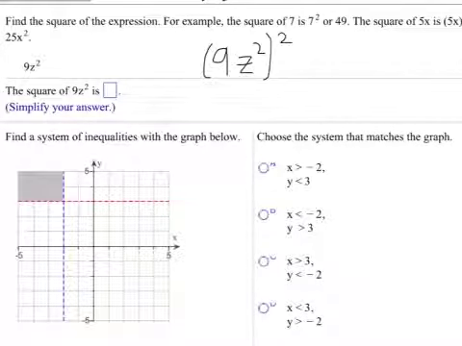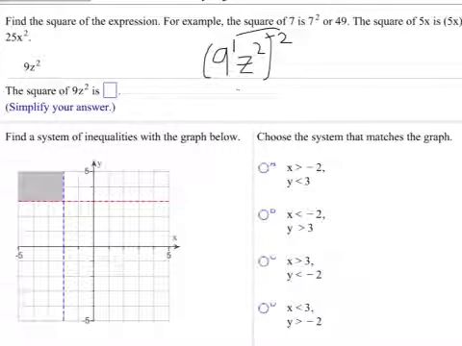Now if you remember from the very beginning of algebra, when we raise a power to a power, we multiply our exponents. Not forgetting that the 9 has an exponent. Its exponent is 1 if we don't see it. So we're going to multiply these exponents.